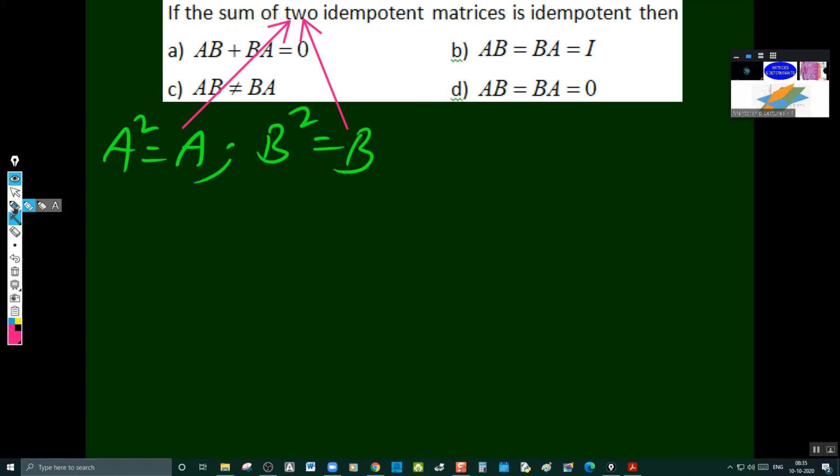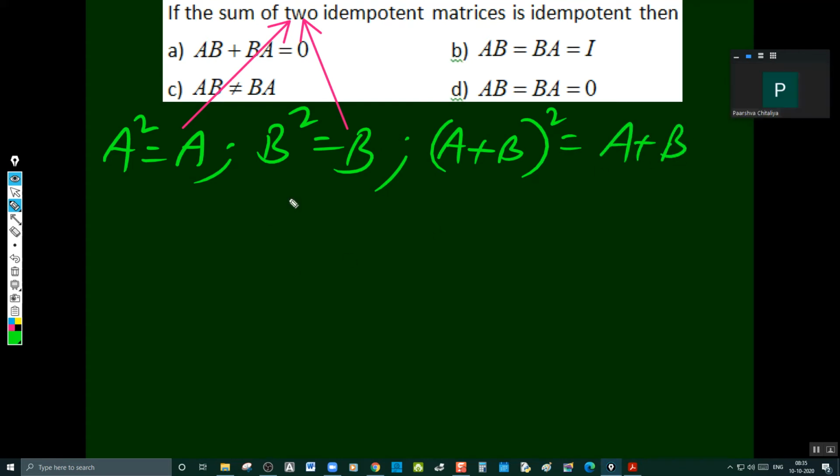And the sum of these two idempotent matrices is again idempotent. That is, A plus B whole square is again A plus B. These are the hints given here. A and C.